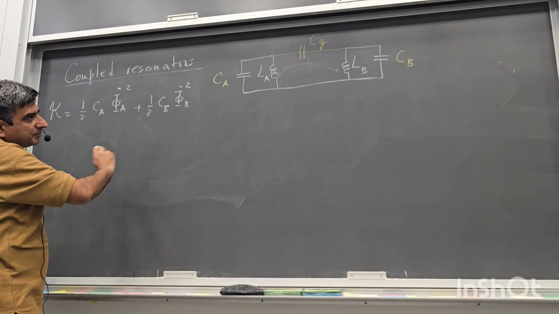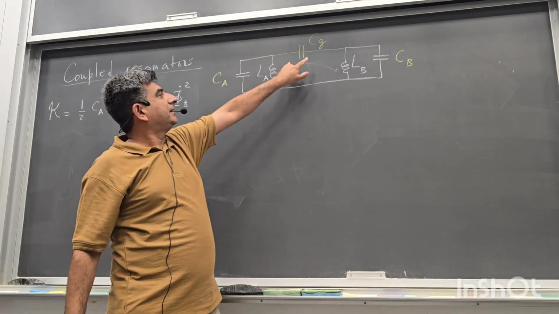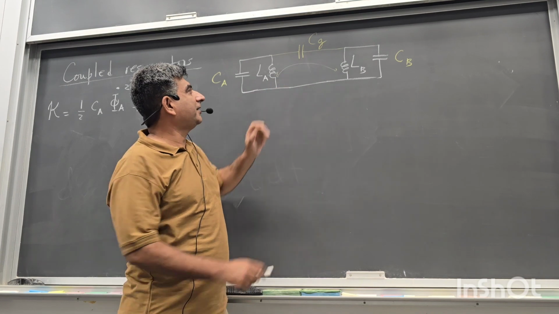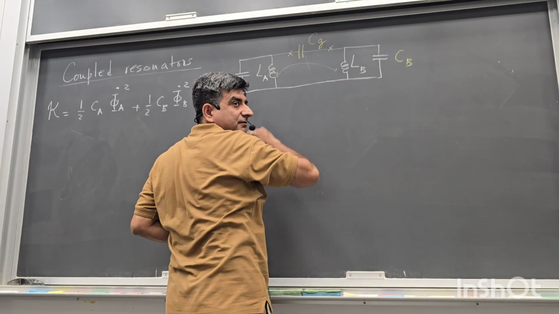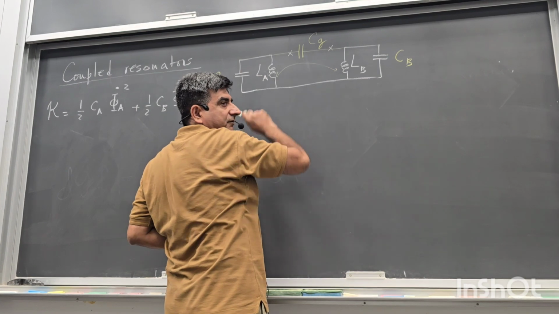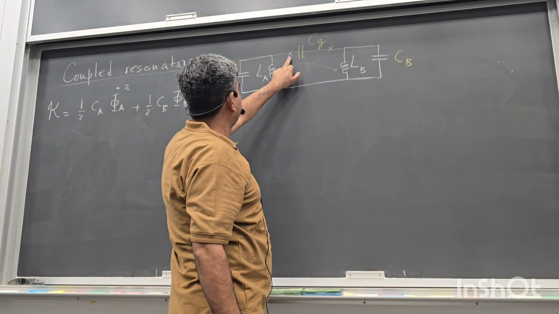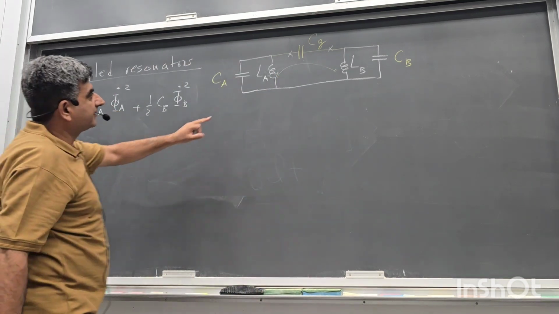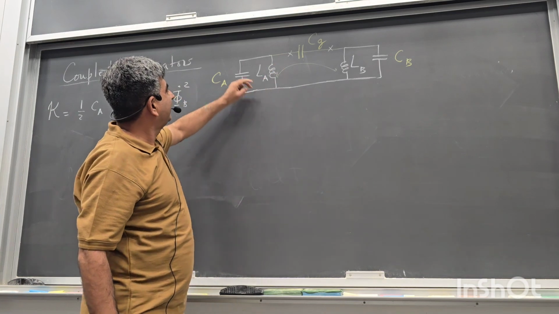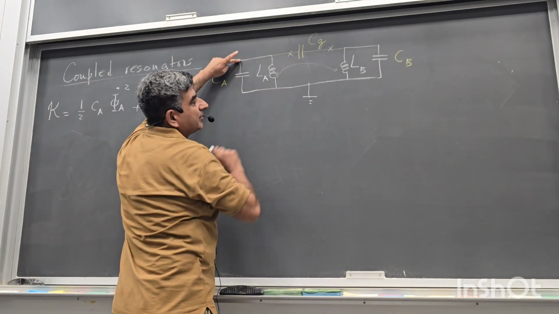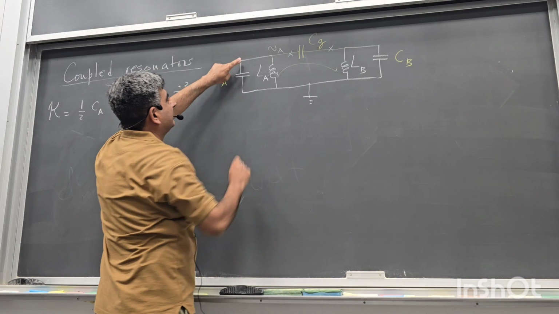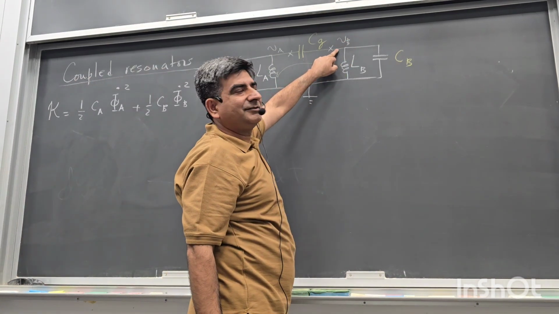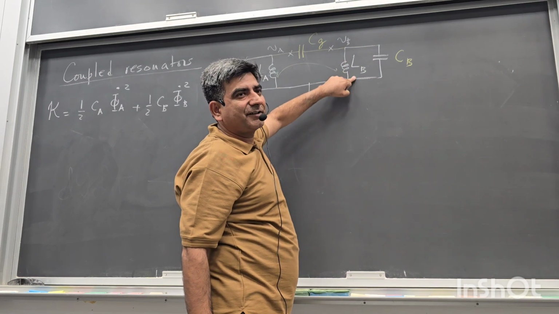So if the system were uncoupled, that's it. But now you have this capacitor as well. So you need the difference between these voltages. Suppose this is your ground terminal. The voltage at this point will be phi A dot, whereas the voltage at this point will be phi B dot, because this point is connected to this inductor over here.